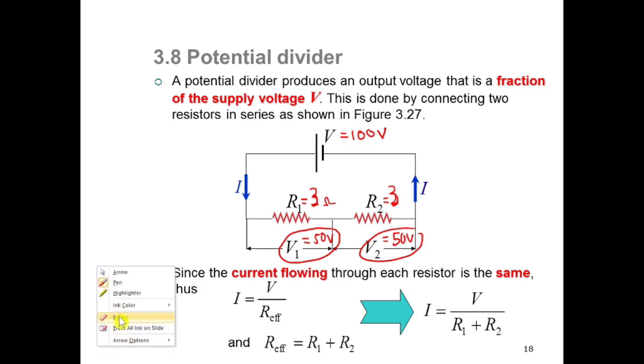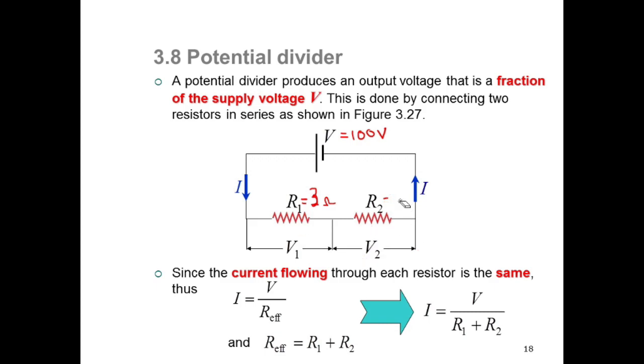So if the values of the resistors are equal, the voltage will be divided evenly. What happens if the values are different? For example, R1 is 3 ohms and R2 is 1 ohm.